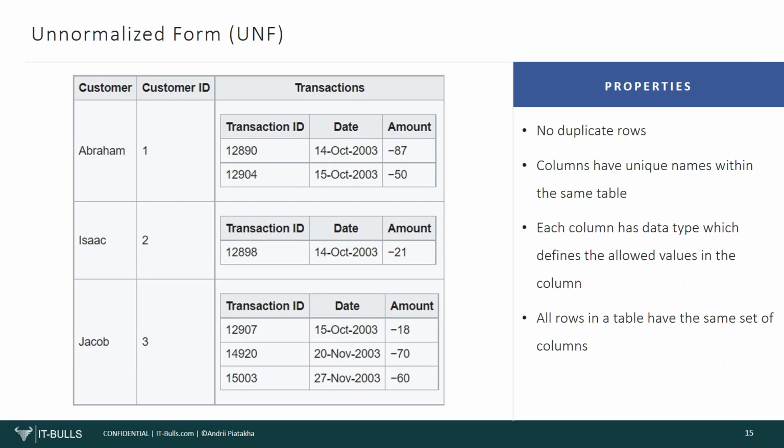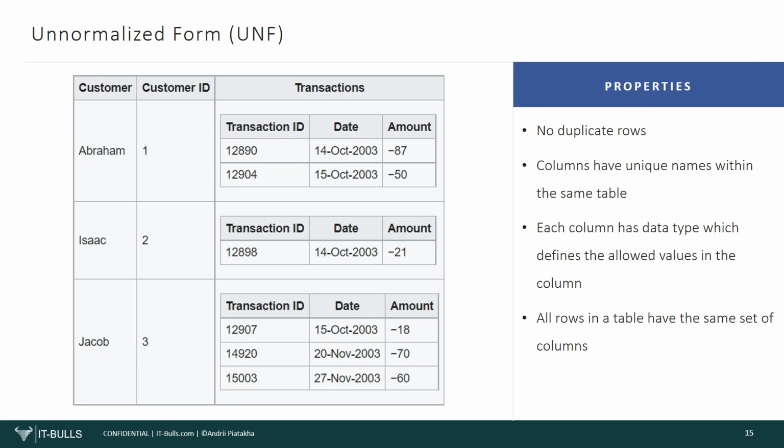Database systems which support unnormalized data are sometimes called non-relational or NoSQL databases. In the relational model, unnormalized relations can be considered as a starting point for the process of normalization. It should not be confused with denormalization, where normalization is deliberately compromised for selected tables in a relational database.